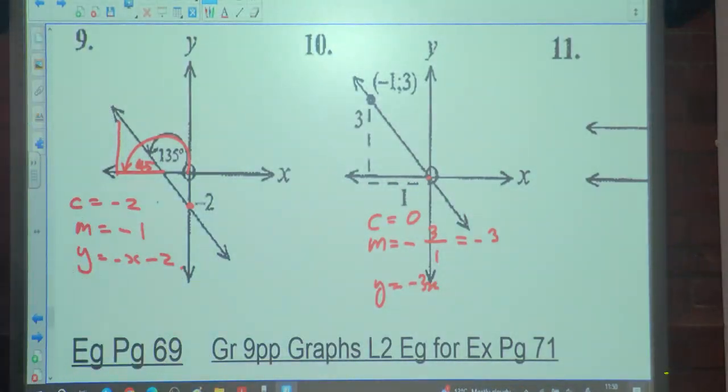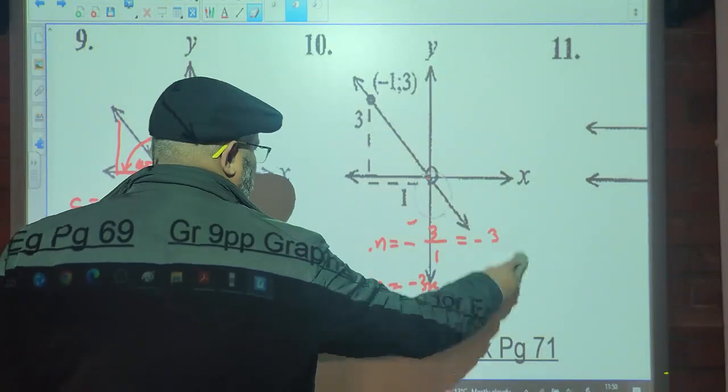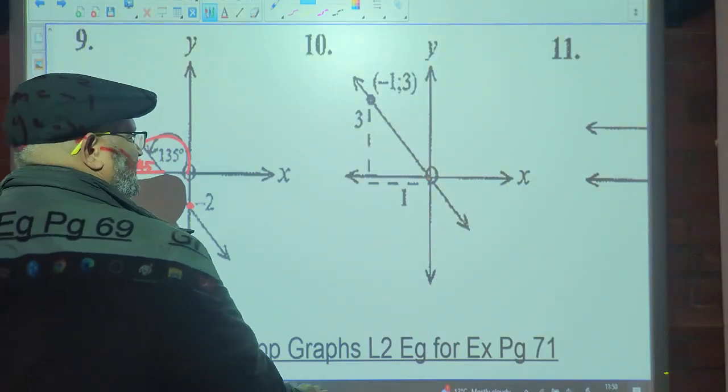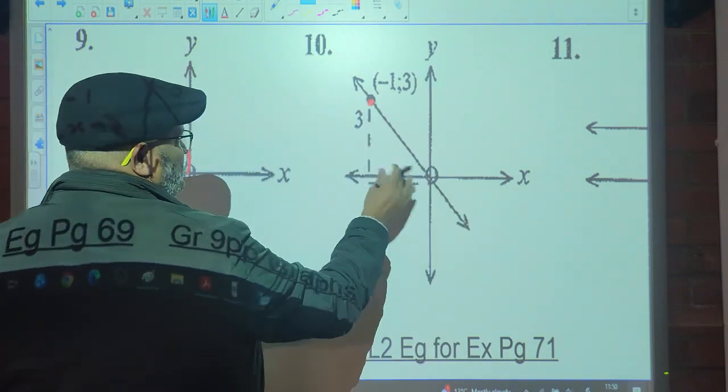She's asking if it's going to be the same answer with negative 1 and 3. But remember, at this point we have dealt with a lot of straight lines, and then we work with 2 points.